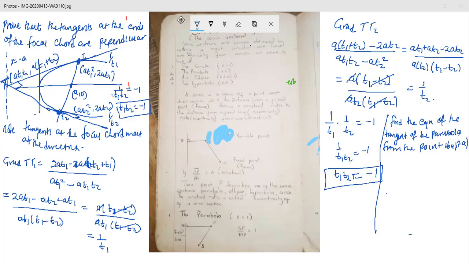This question says, find the equation of the tangent of the parabola from the point (16a, 17a). So if this is your parabola, and this is the tangent, then it's coming from the point (16a, 17a).